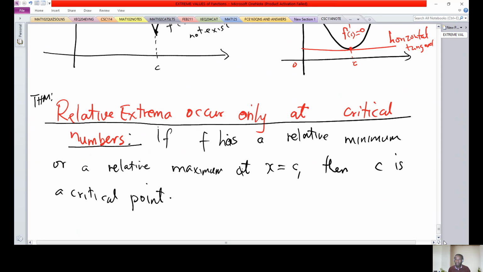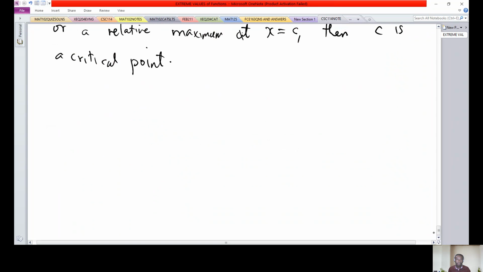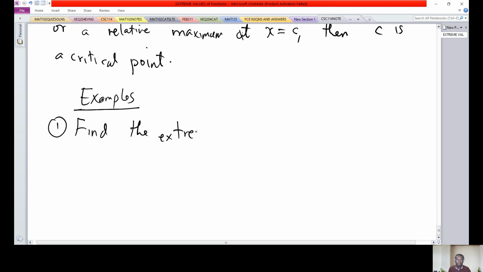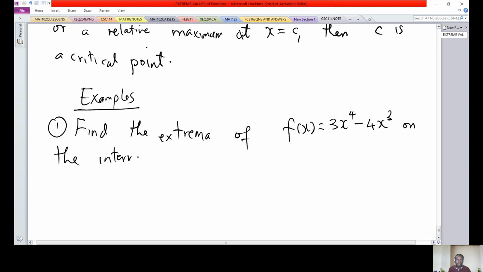So let's do two examples. Find the extrema of the function f of x equals 3x to the power 4 minus 4x cubed on the interval [-1, 2].